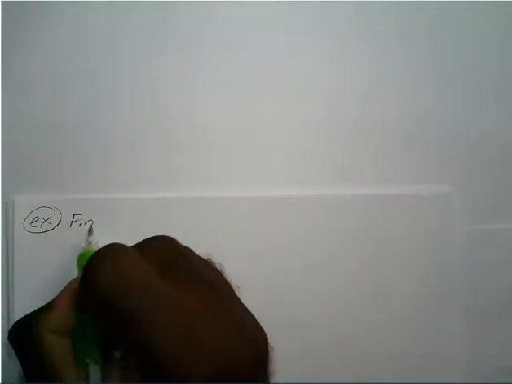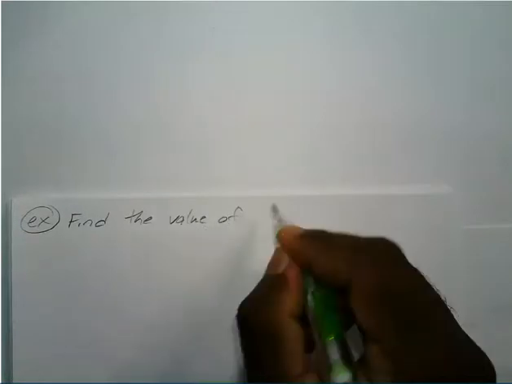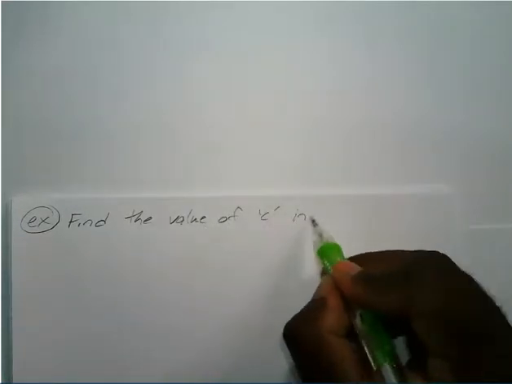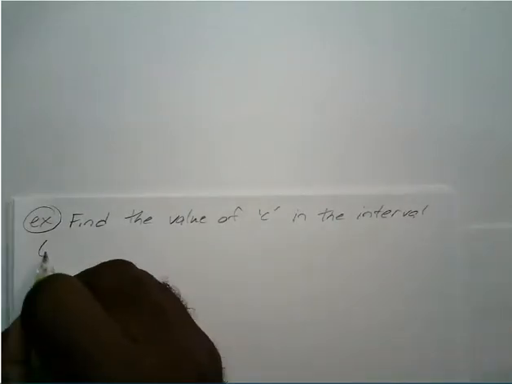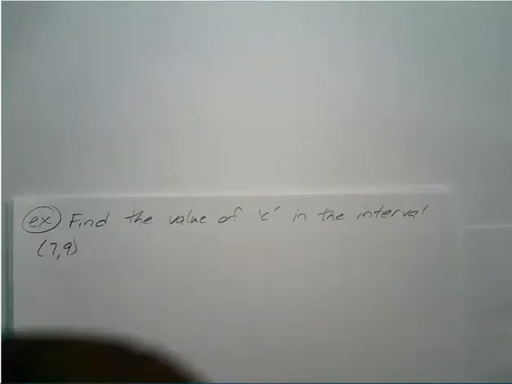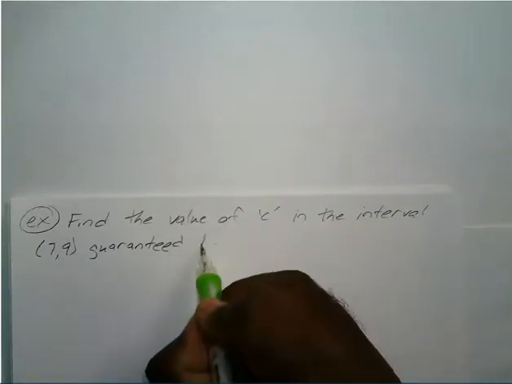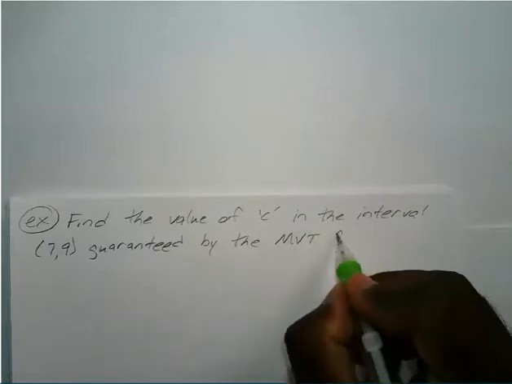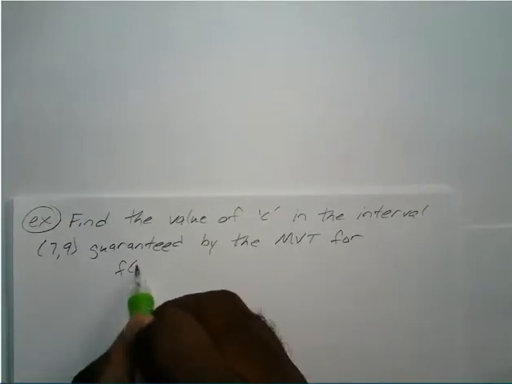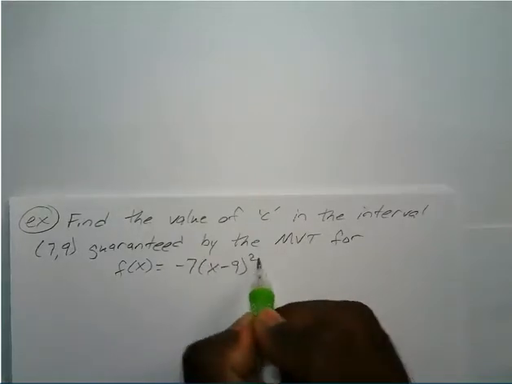Let's say we wanted to find the value of c in the interval from x equals 7 to x equals 9, guaranteed by the mean value theorem for f of x equals -7 times x minus 9 squared.